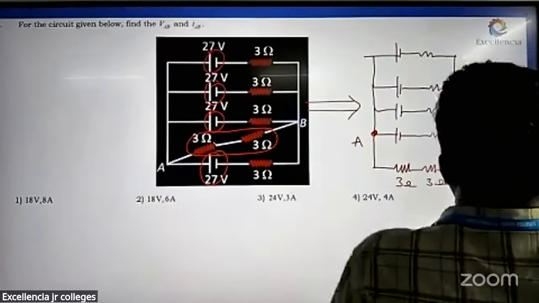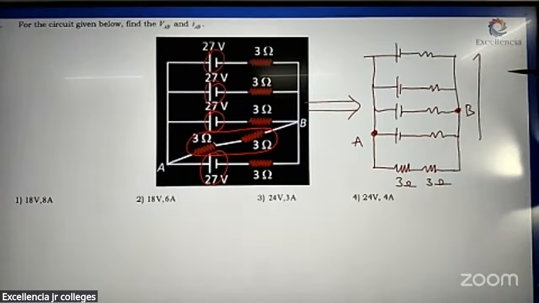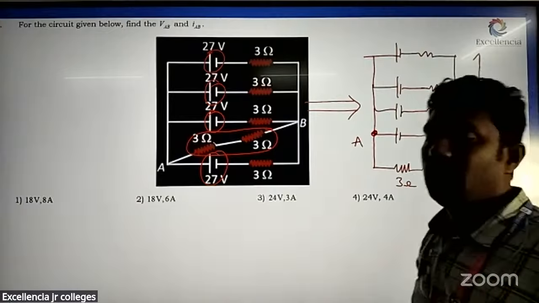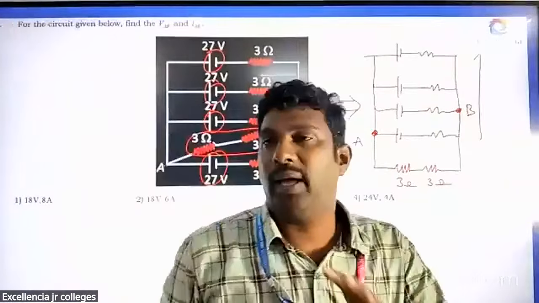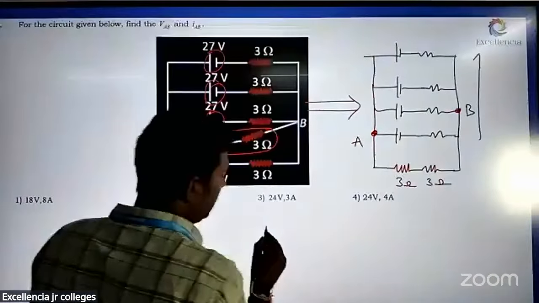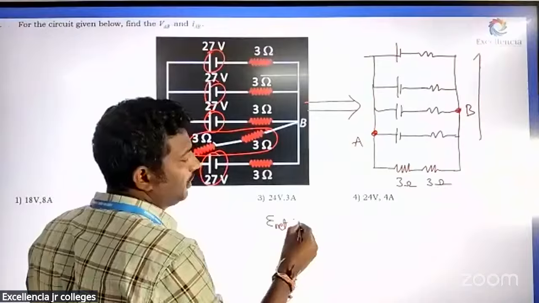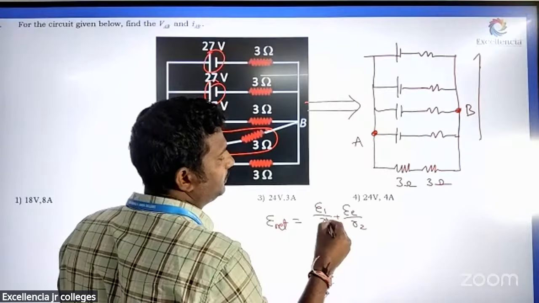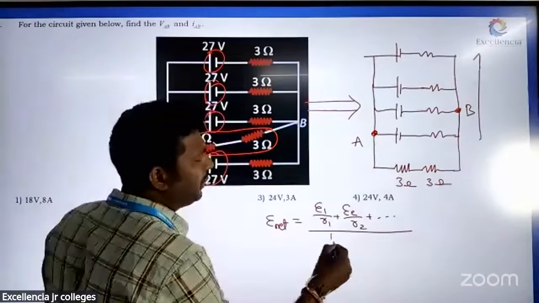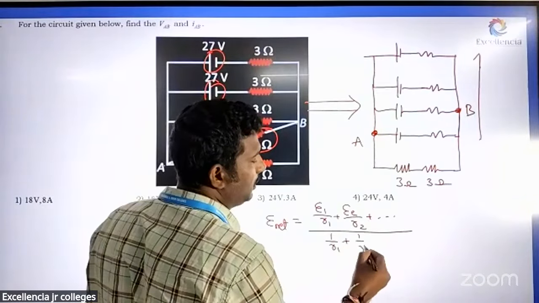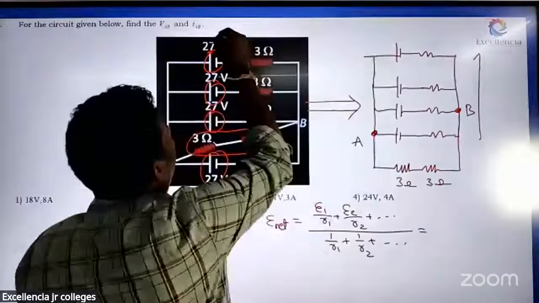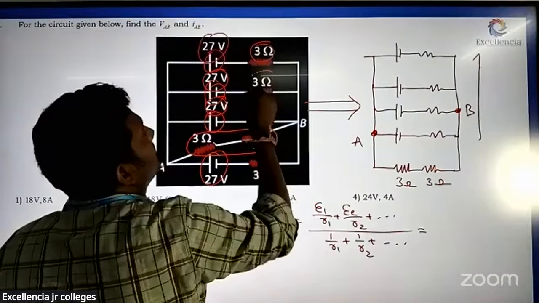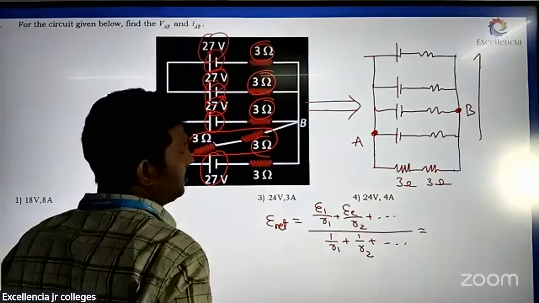Now, from here to here, all these EMFs are in parallel. We know how to find the net EMF in parallel combination. The net EMF formula will be V1 by R1 plus V2 by R2 and so on, divided by 1 by R1 plus 1 by R2 plus and so on. But all are the same here, 27, and the internal resistances are also the same, all 3 ohms.